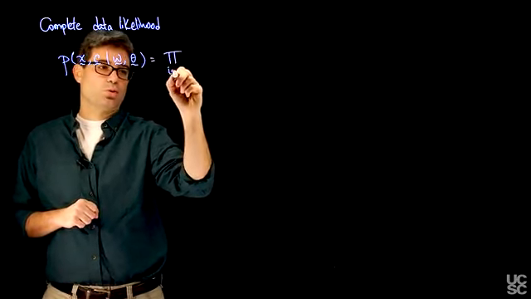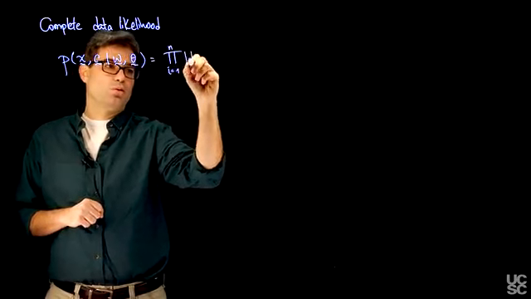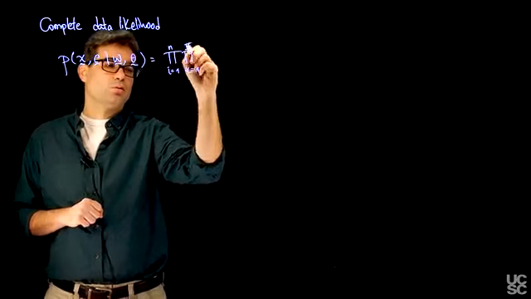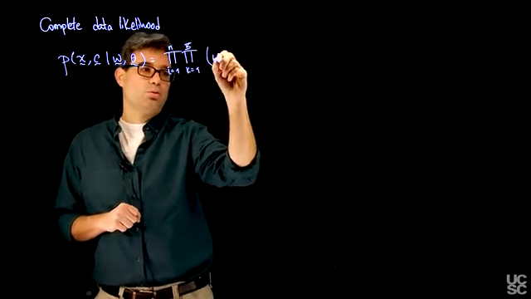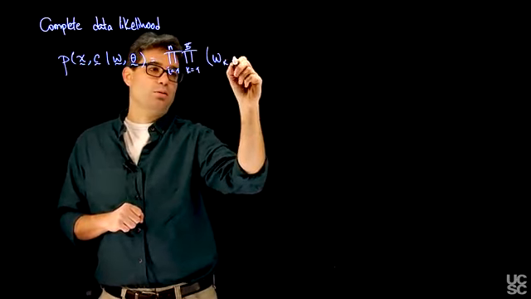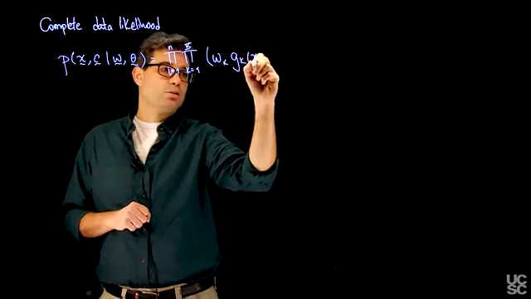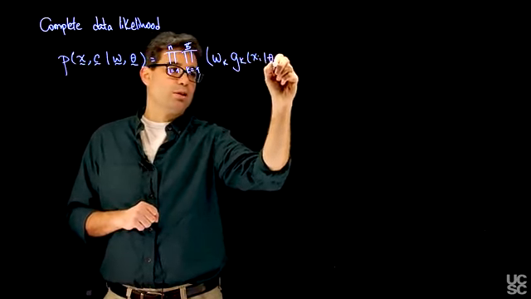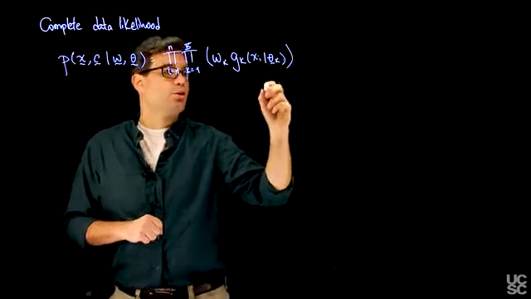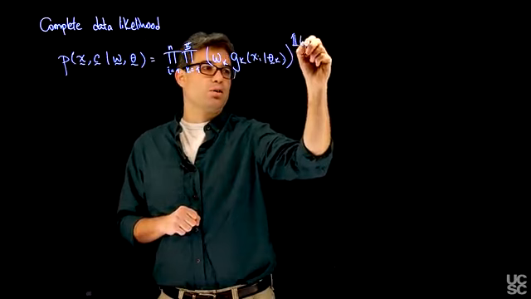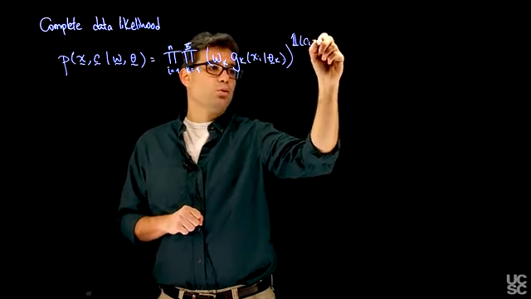So the product over the observations, followed by the product over the components of omega sub k, g sub k of x sub i given theta k raised to the indicator function of c sub i equals k.